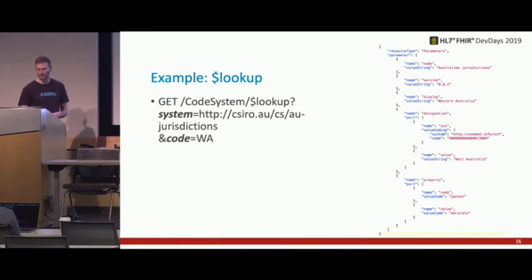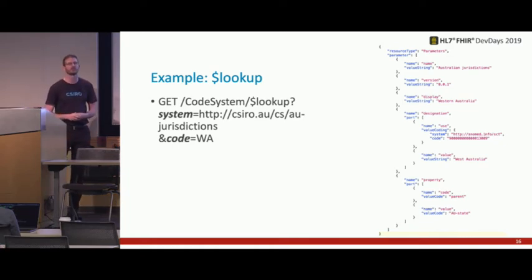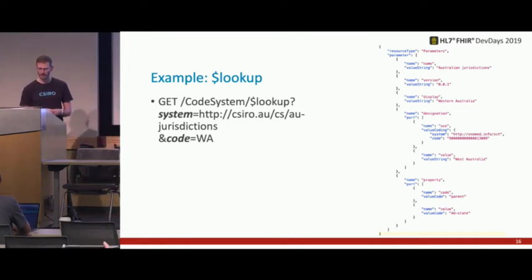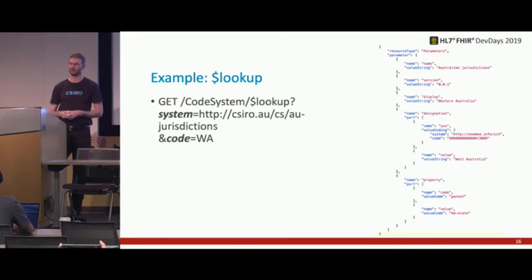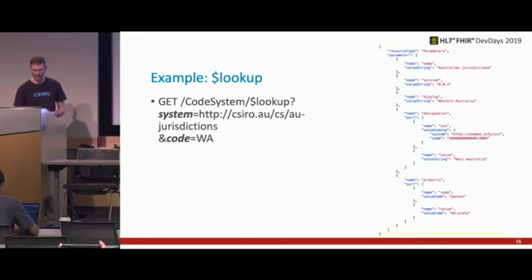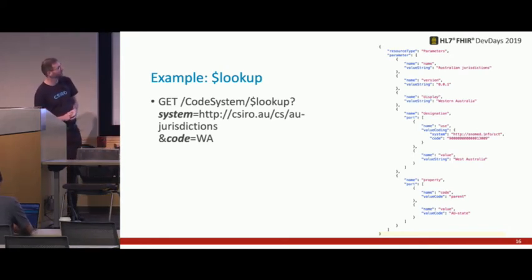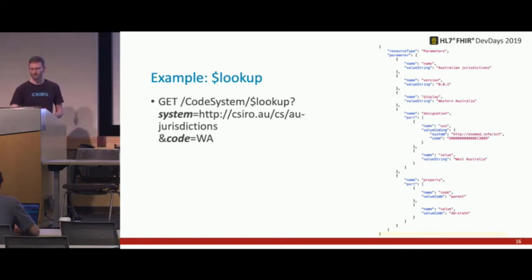So as an example, what I'm doing here is a lookup. I've got a little code system. This is a proprietary code system that I've defined that lists all the jurisdictions in Australia. So there are 6 states and 2 territories. And I'm going to look up and say, tell me everything you know about the code WA in this code system. So I pass that in, and what I get back is a parameters object with all the information about that code. It tells me that the code system's name is Australian jurisdictions, the version of the code system is 0.0.1. The display text for that code that I passed in is Western Australia.